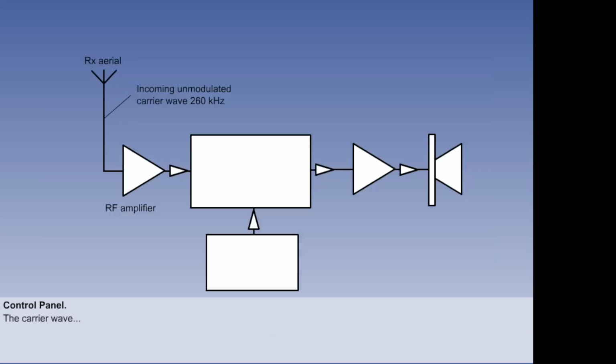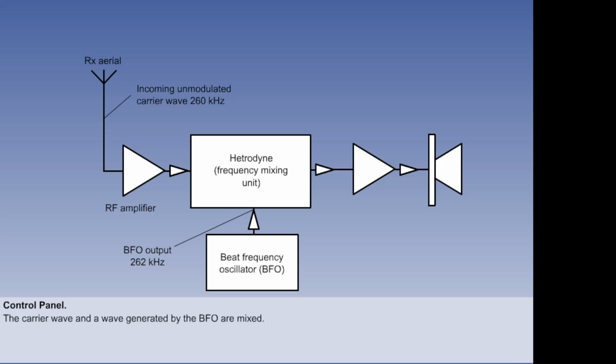Let us say that the carrier wave is transmitted at 260 kHz. The BFO generates an alternating current, which differs from the incoming carrier wave frequency by 2 kHz, at 262 kHz. Both signals are fed into a frequency mixing unit, a heterodyne unit.